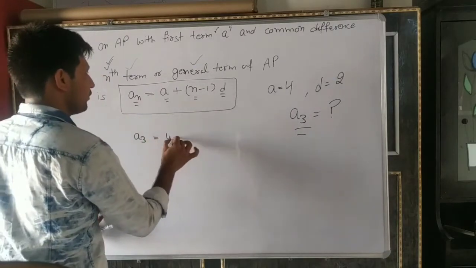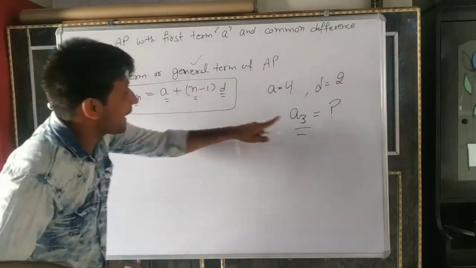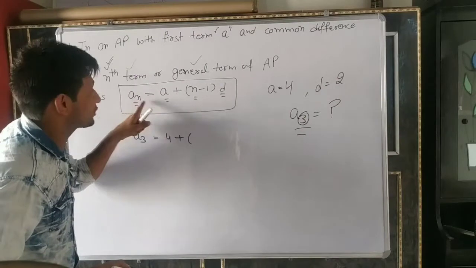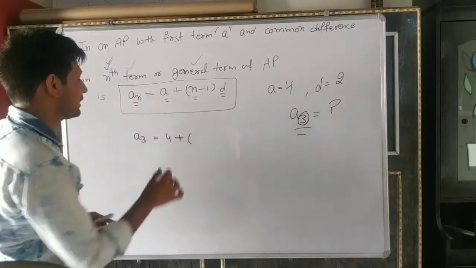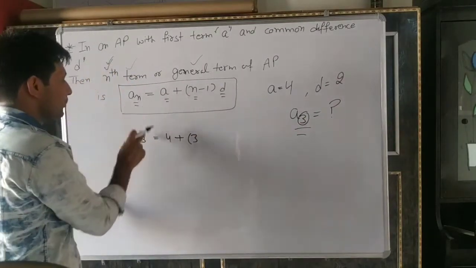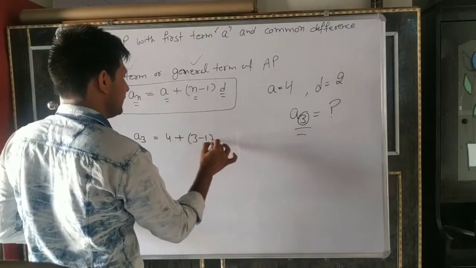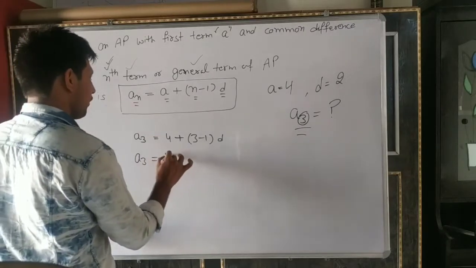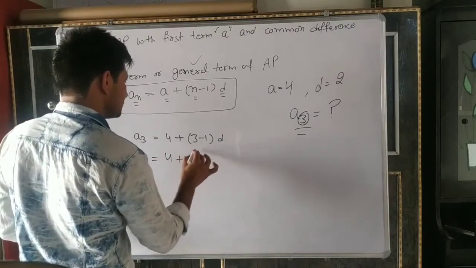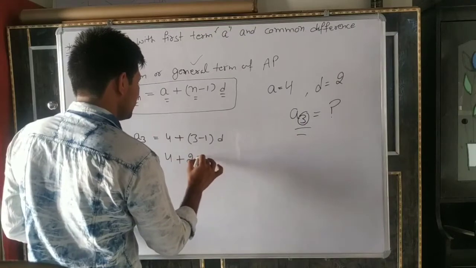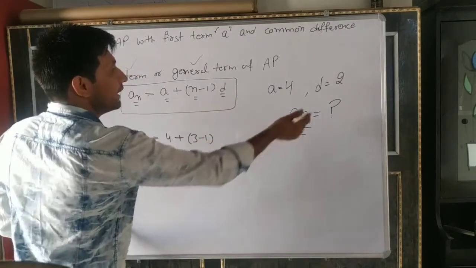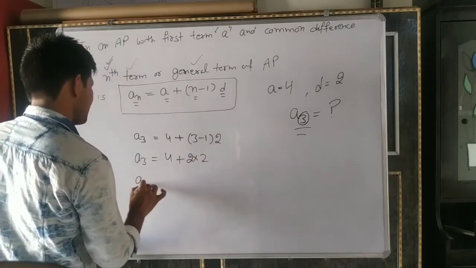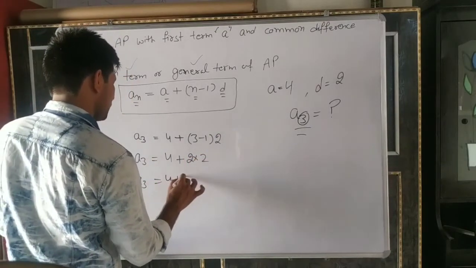A is 4 plus n minus 1 into D. N is 3, so here also 3 minus 1 into D. A3 equals 4 plus 2D, and we know D is 2. 2 into 2 is 4, so A3 is 4 plus 4, 8.